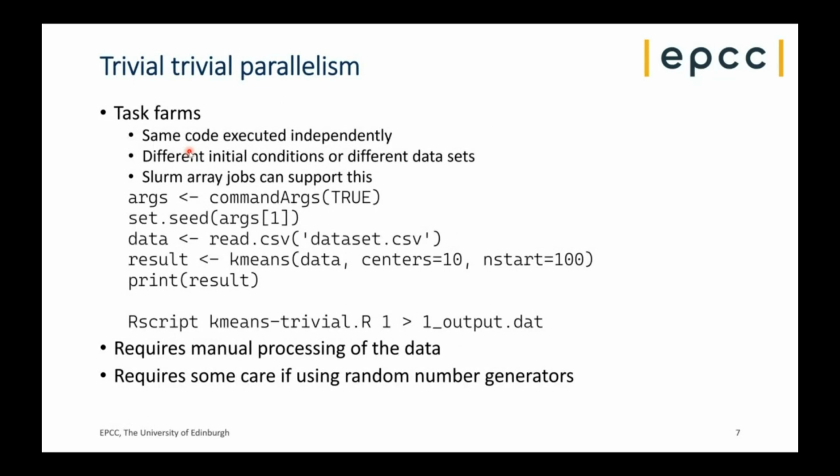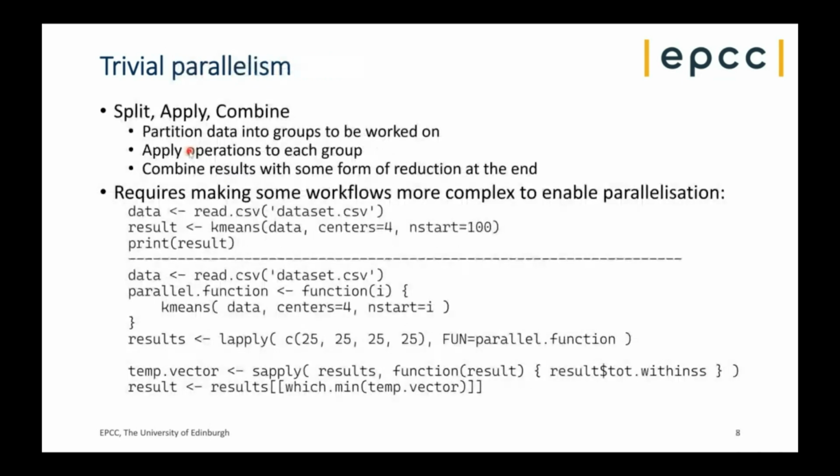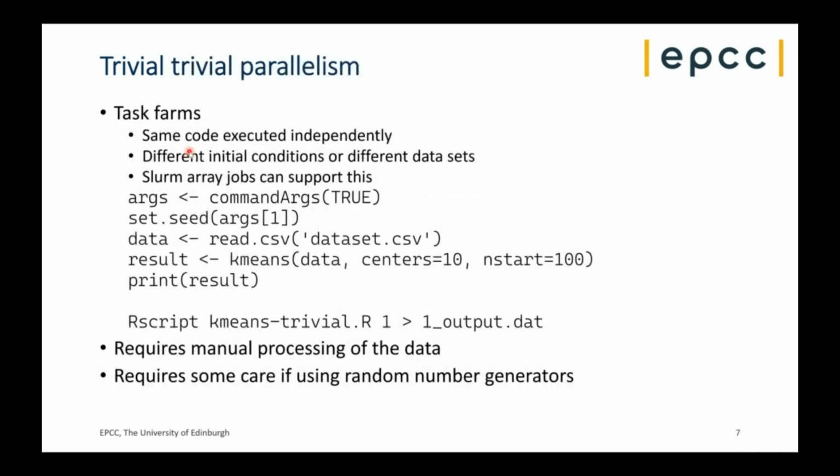As I say, Python also provides this idea of trivial parallelism, or what we call task farms or embarrassingly parallel farms, and there are slightly different flavors within R for doing this.